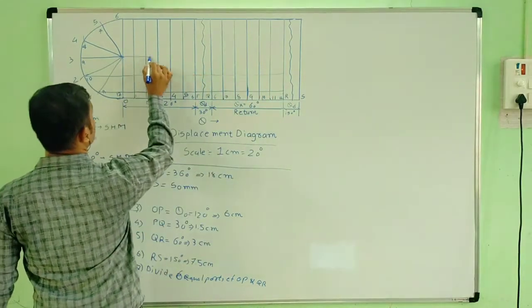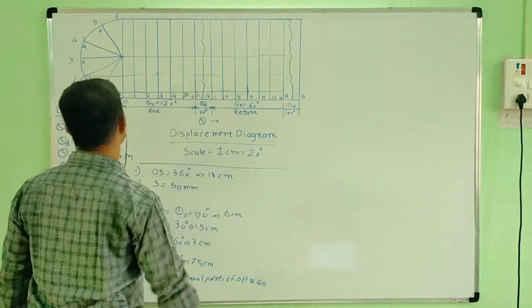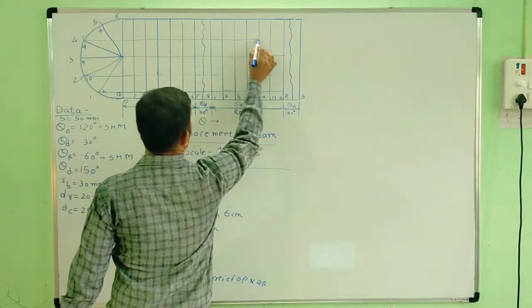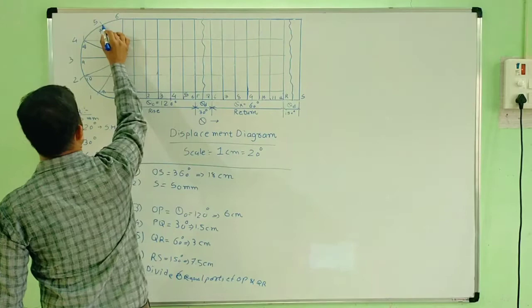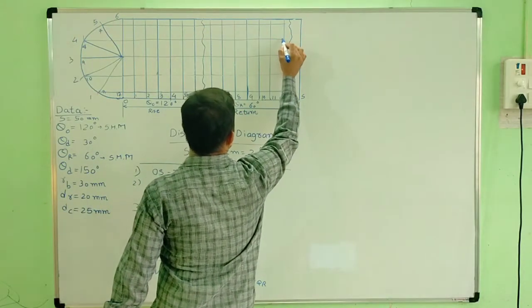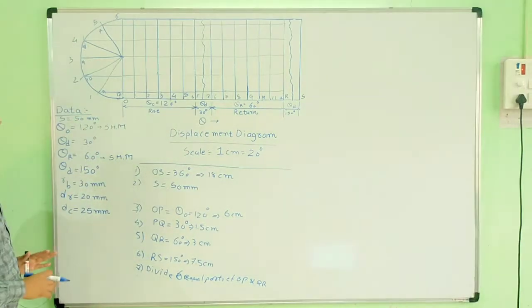Then from point 3, from 4, then from point 5. Okay, understand clearly?